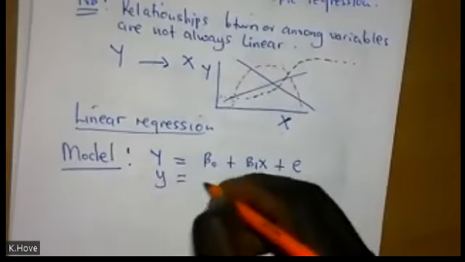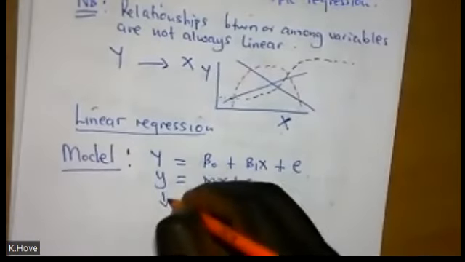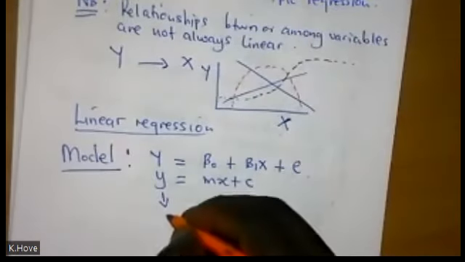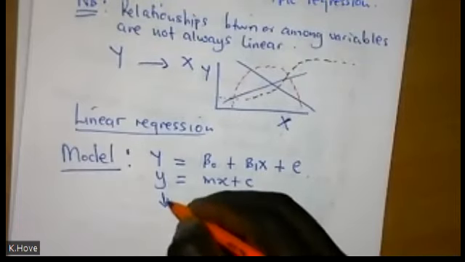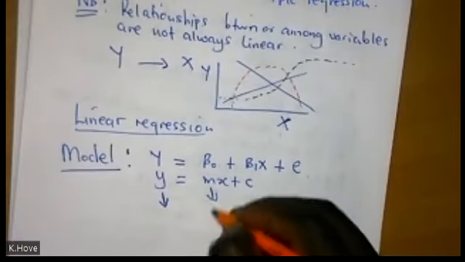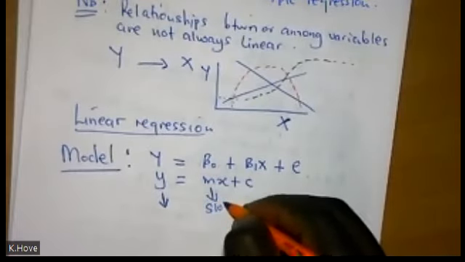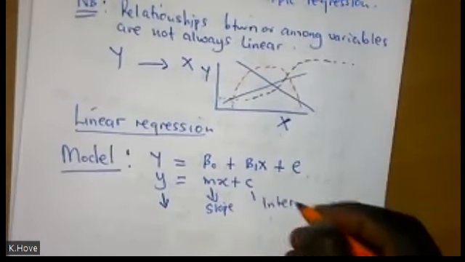I think in some lower grades, we used to say the equation of a straight line is y is equal to mx plus c, where y is one of the variables, m is the slope, and c is the intercept.